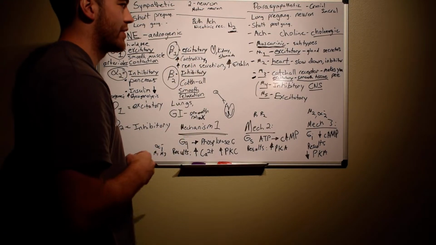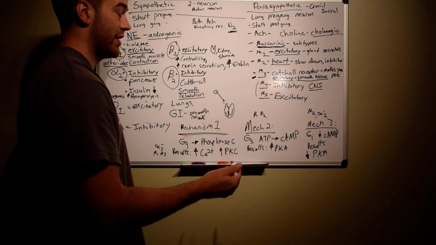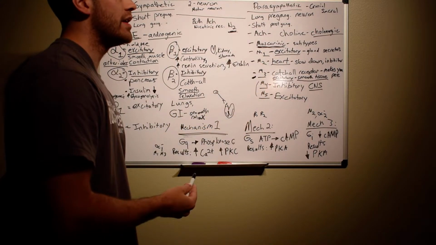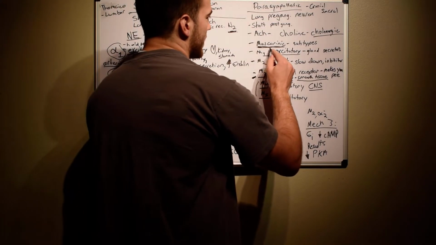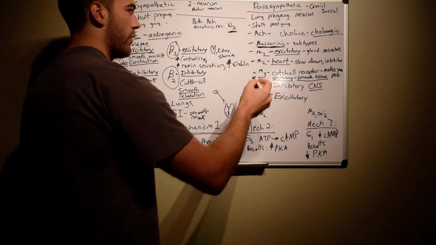We had two different ones there, so they were specific to each system you're dealing with, voluntary versus involuntary. This one is going to be specific for the effector organs, okay? So muscarinic is the one that's going to be on the effector organ.